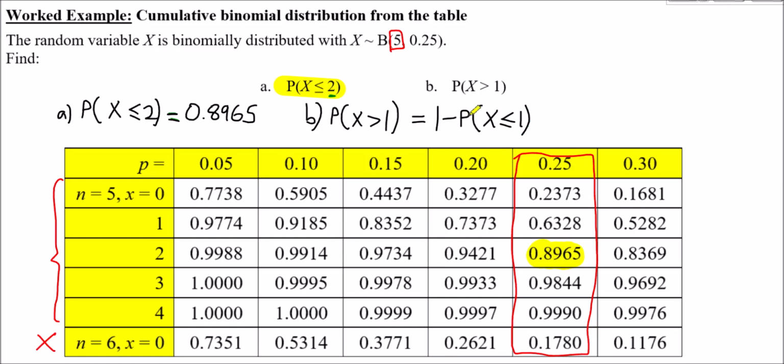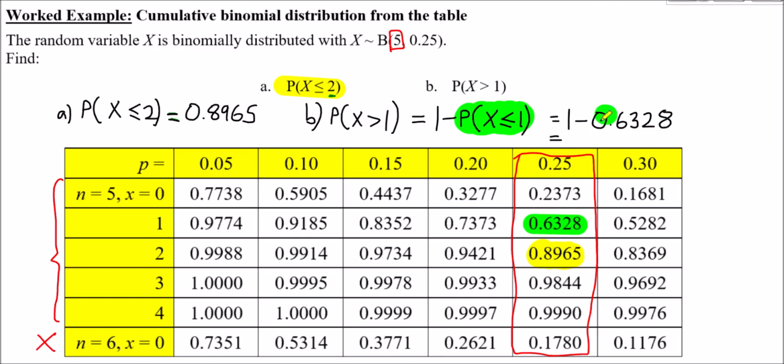The probability of X is 1 or less, we can find in the table as well. So our number here is 1, so we look at the table, find 1, go to the correct column, which I said is this one. So it's going to be 1 minus 0.6328.